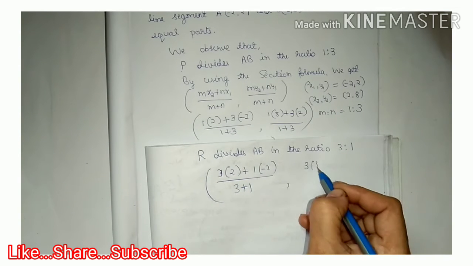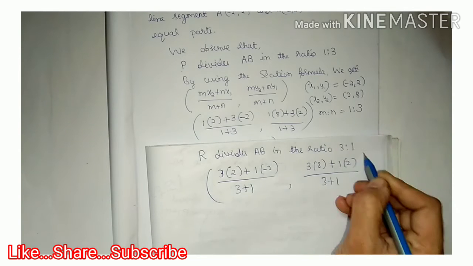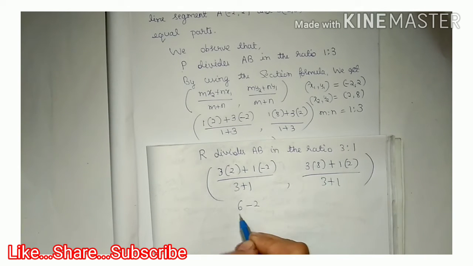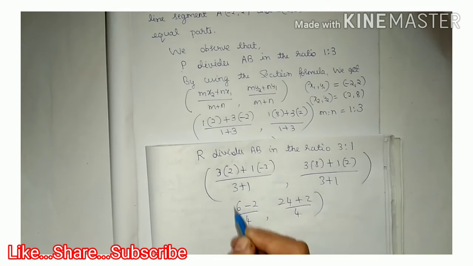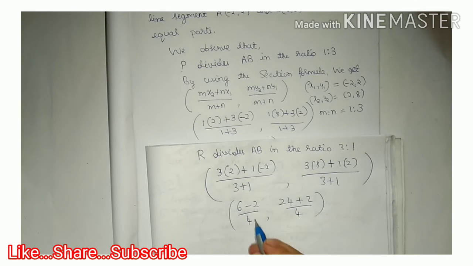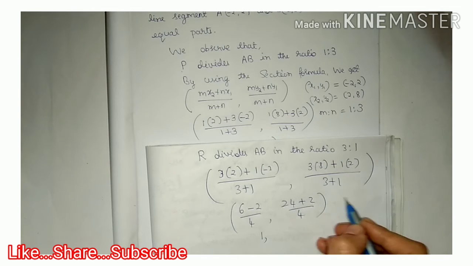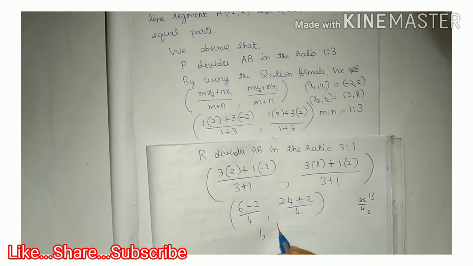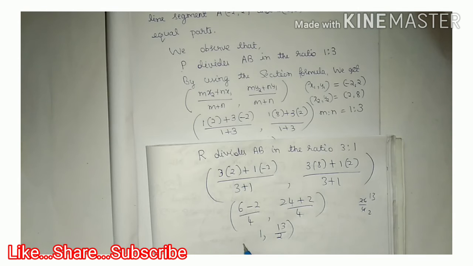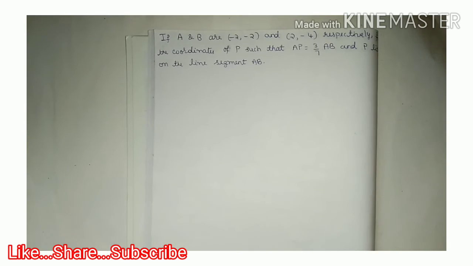Here x is (3 × 2 + 1 × (-2))/(3 + 1), y is (3 × 8 + 1 × 2)/(3 + 1). That is (6 - 2)/4, (24 + 2)/4, which is 4/4 = 1, and 26/4 = 13/2. Coordinates of R are (1, 13/2). Let's move to the next example.